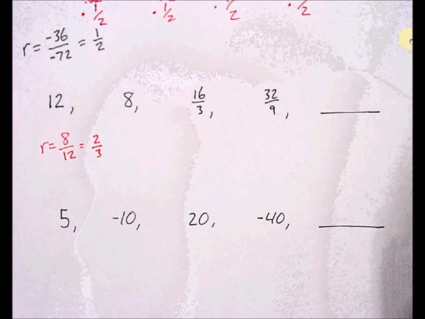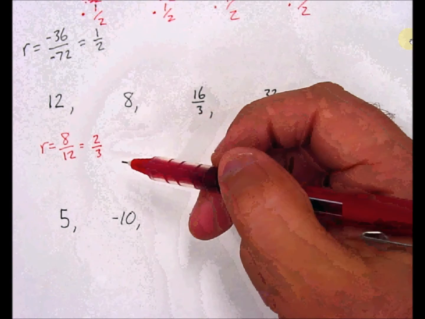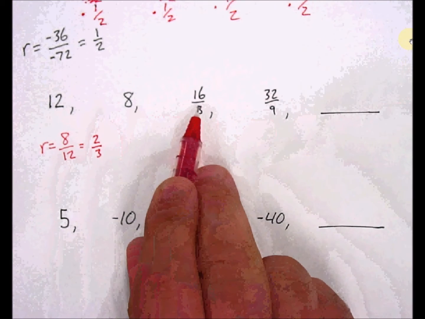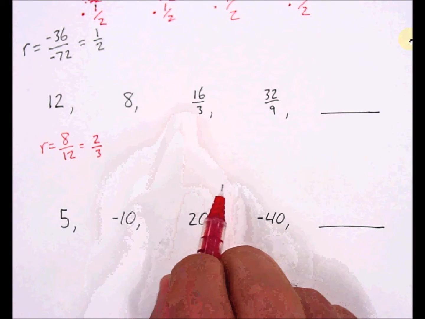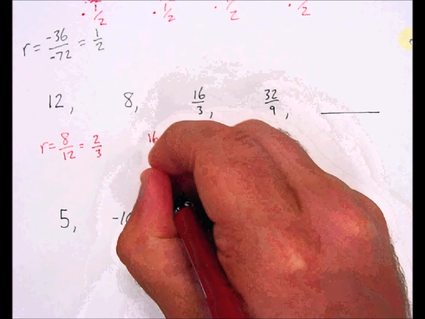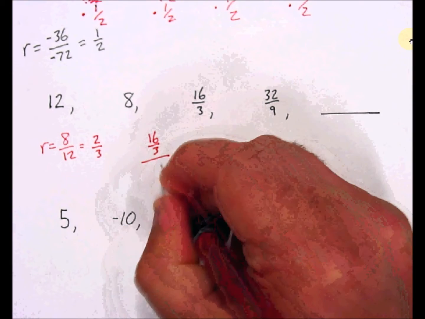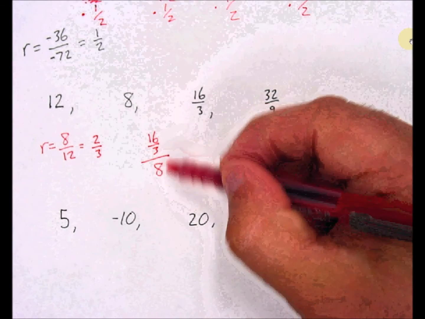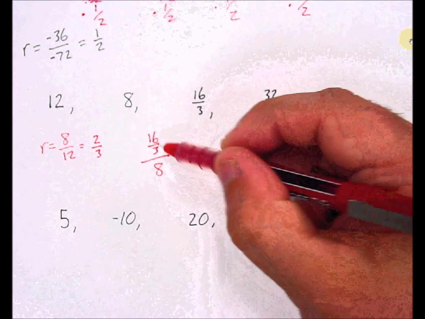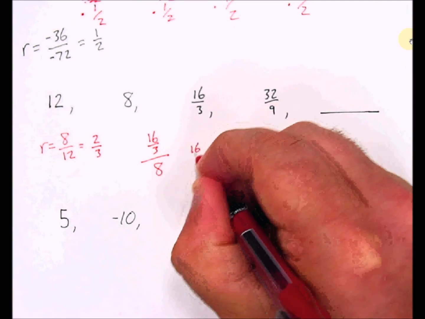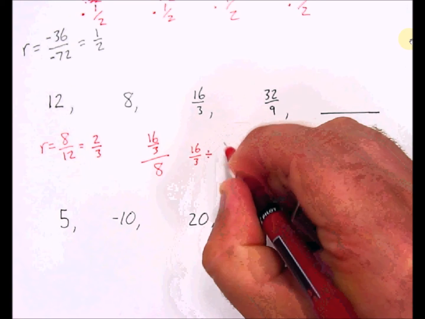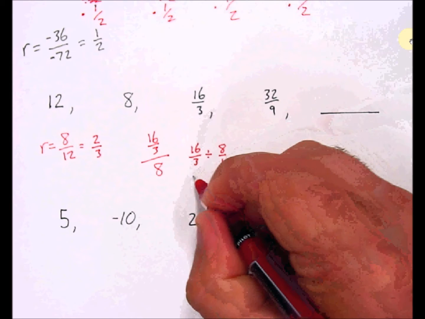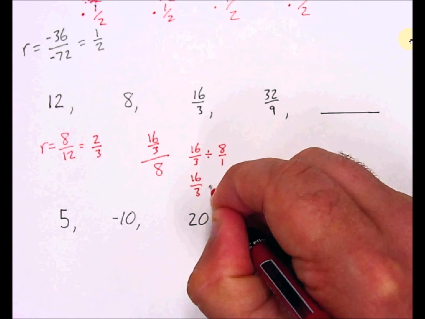Okay? So I want to see if that ratio I got is common to all of my terms. So let's try it again with the next two terms. So I can say, well, my 16 over 3 divided by 8. Now, that's not the way most students are used to seeing it, but really this is the same thing as saying 16 over 3 divided by 8, which is just 8 over 1, right? And if you remember your fractions, I can turn this into a multiplication problem.